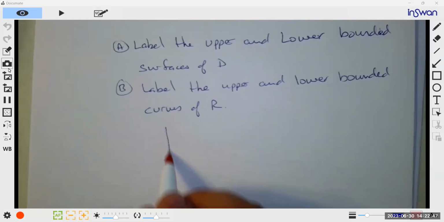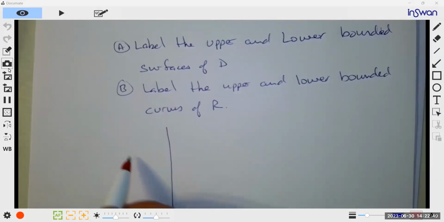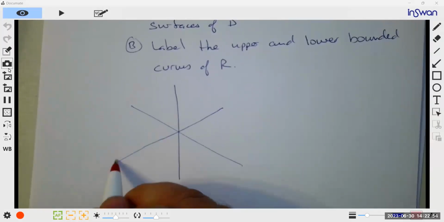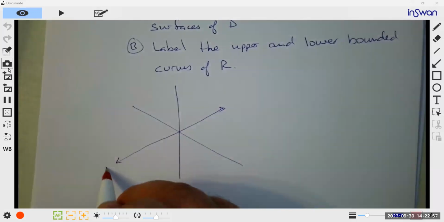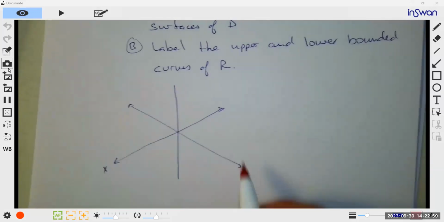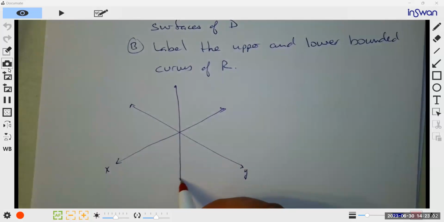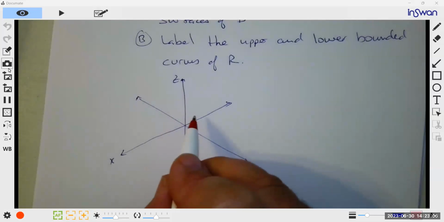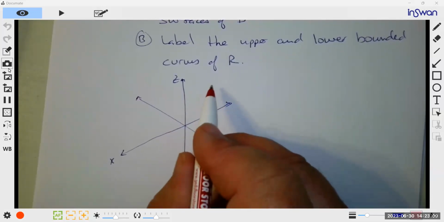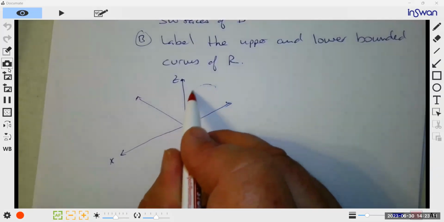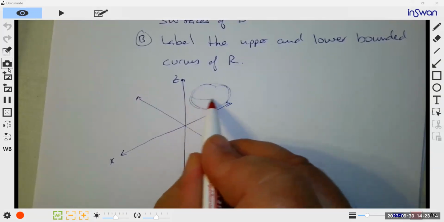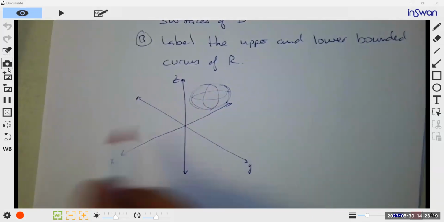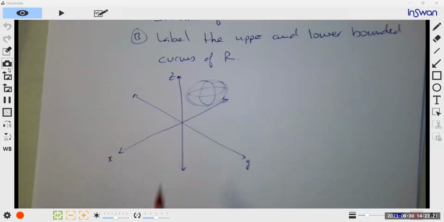Now, what does this mean? Here's our X. Here's our Y. And there's our Z. So let's pretend we have a sphere up here in the first octant.